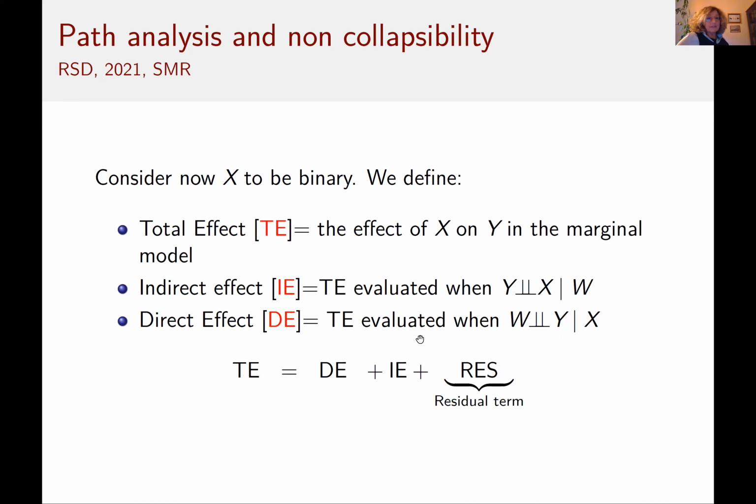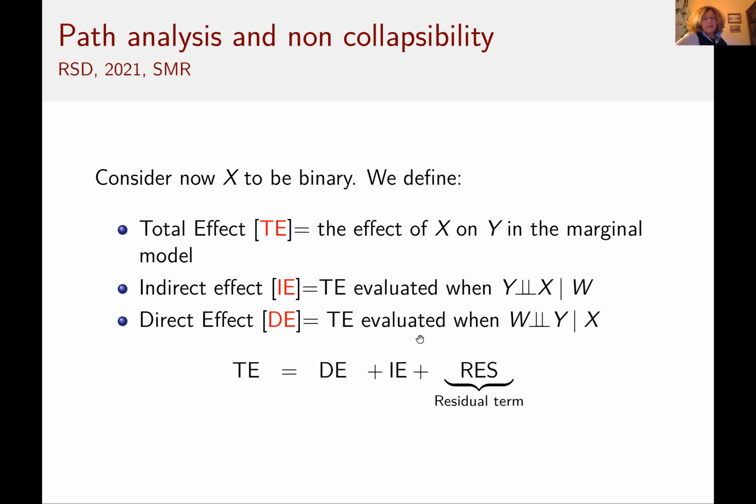So the next step is, can I reconcile the classical path analysis methods with these counterfactual methods? Is there a link between the path analysis method and the causal effects? Here I will first present the usual way to define path analysis effects. The total effect is the same.